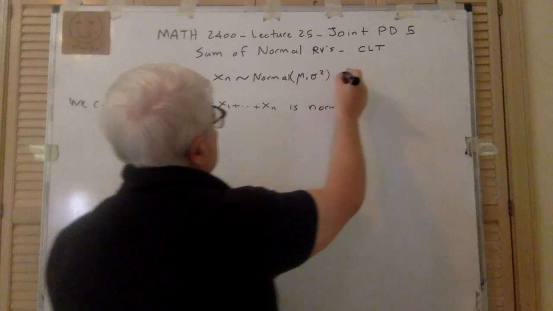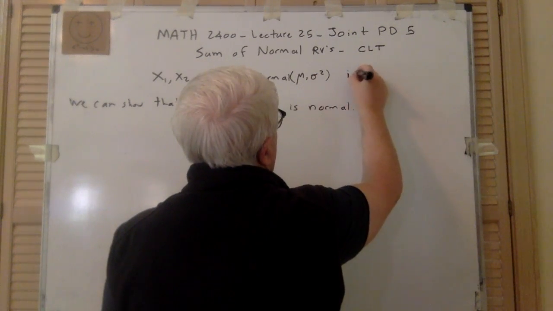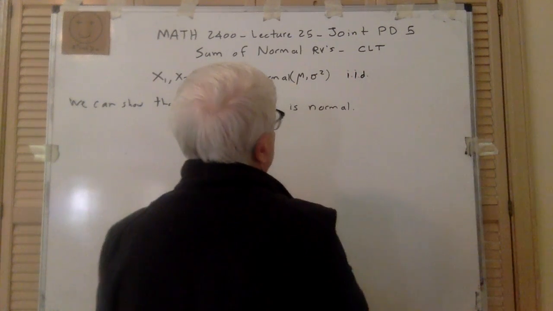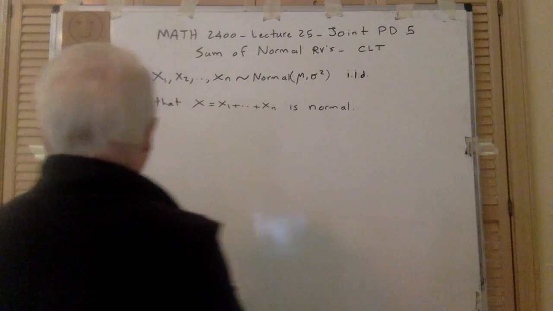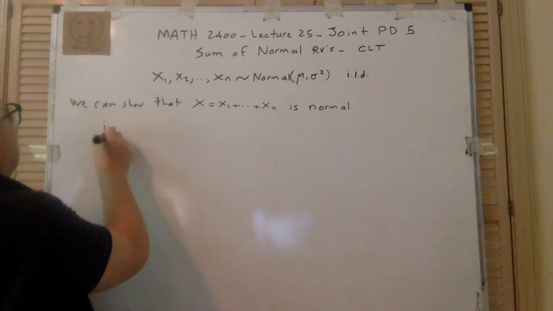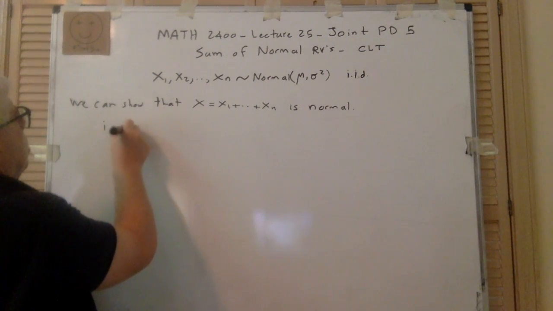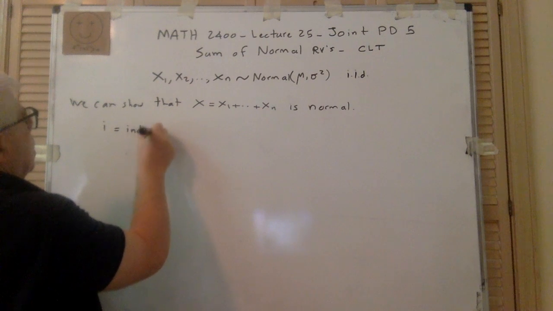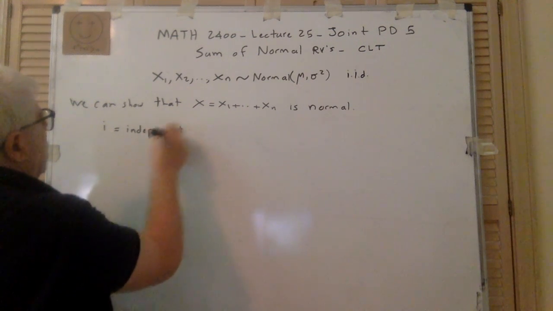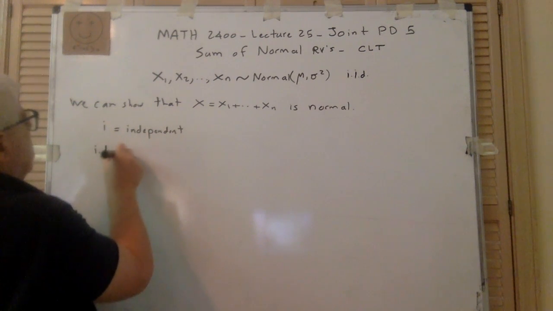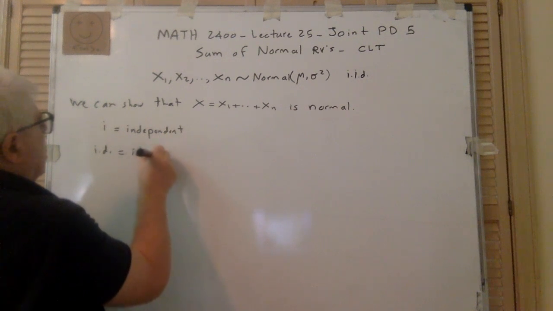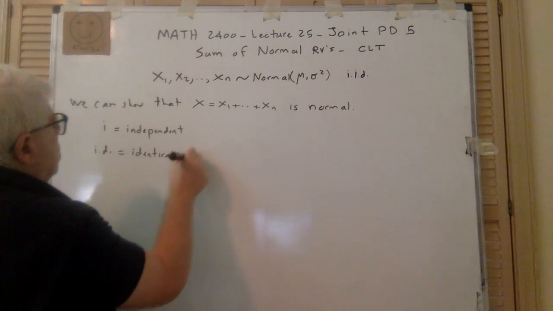And we are assuming that these are IID also. I'm not sure if I discussed IID, I guess I did last time. The first I is independent. ID means identically distributed.